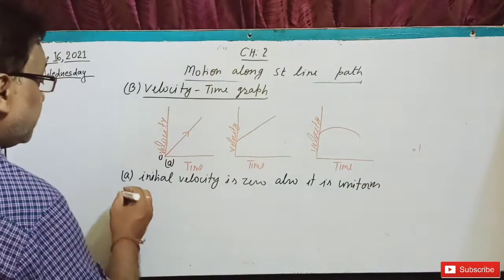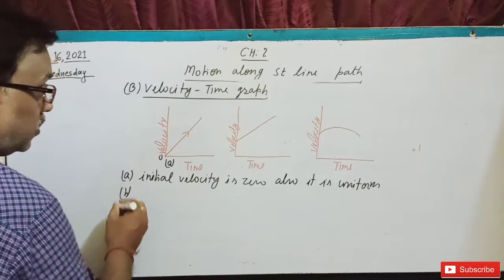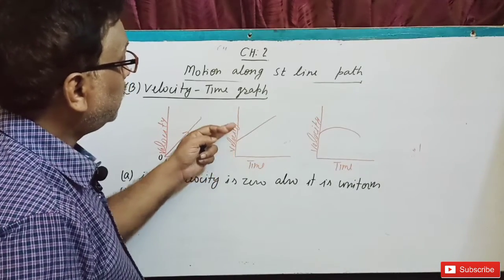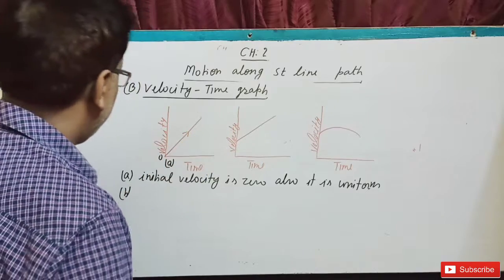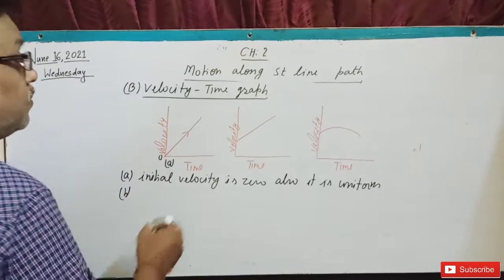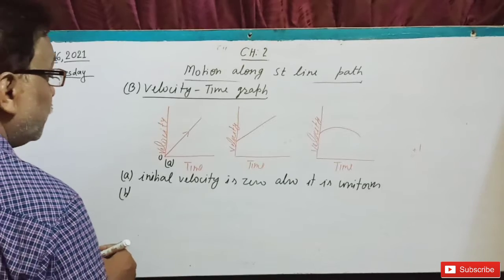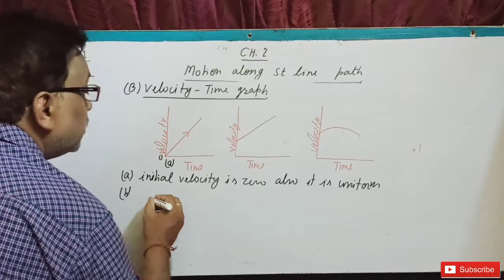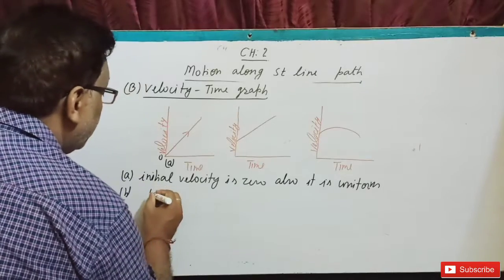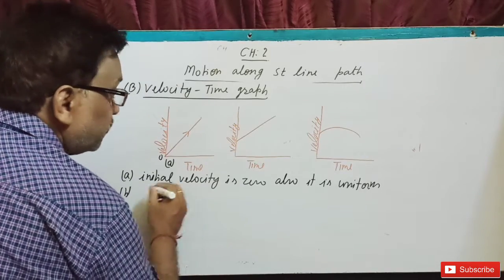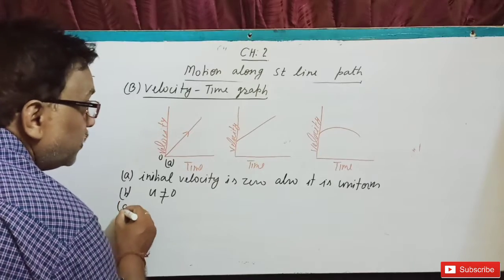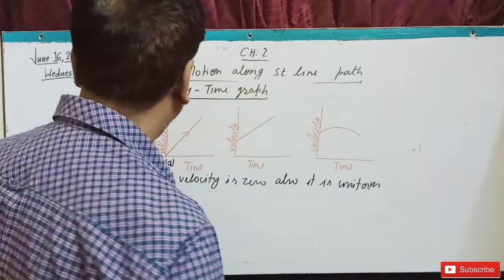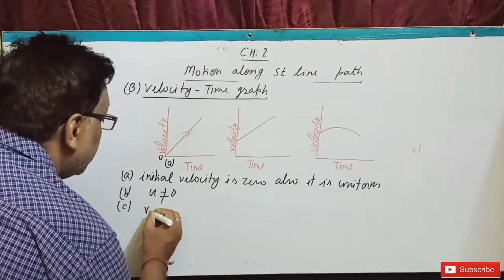In the second case, you look here, the object is already moving some distance. So its initial velocity is not 0. It has some initial velocity. So u is not equal to 0 in this case. And the third, here you look, the velocity is variable.